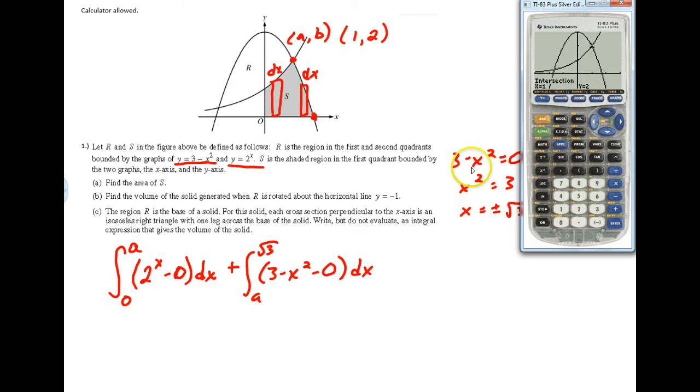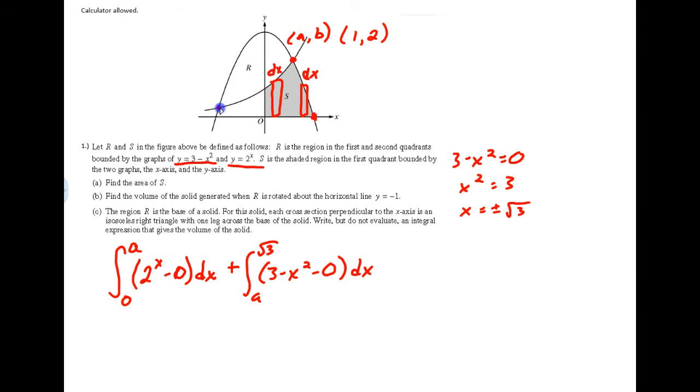All right, then the other intersection, I will need that later, so let's find that. Second trace, intersect, first curve, yes, second curve, yes, but then remember you want to guess something over there. It looks like it's close to -2. So I'll type in -2 and I get that intersection.